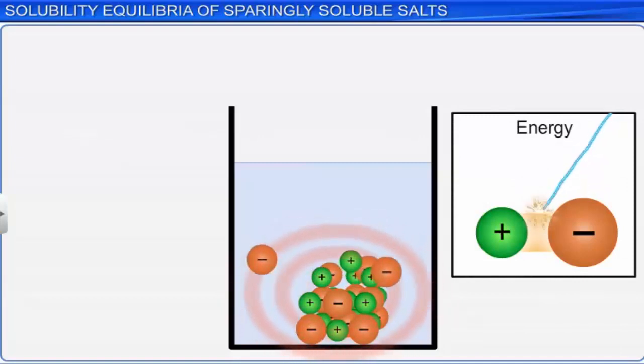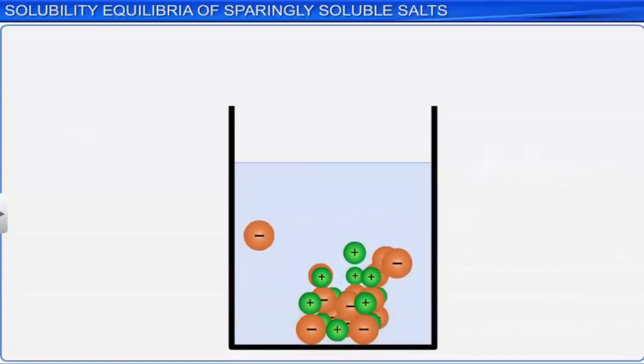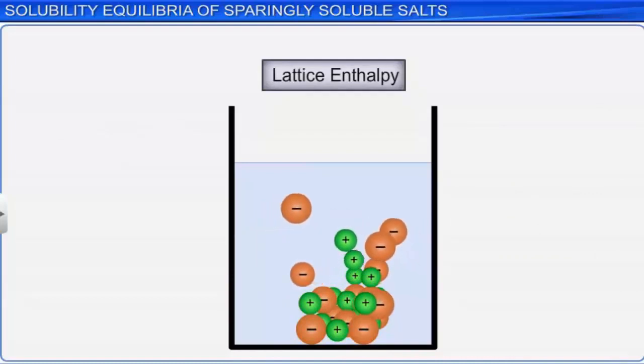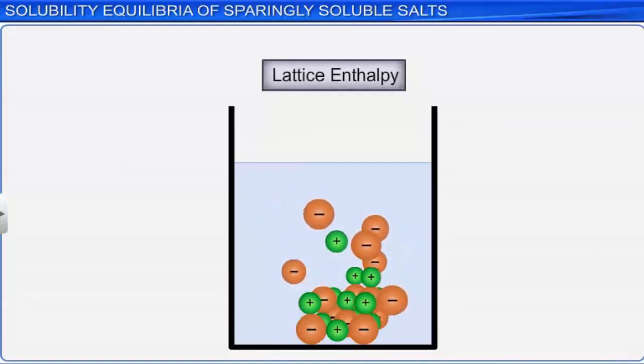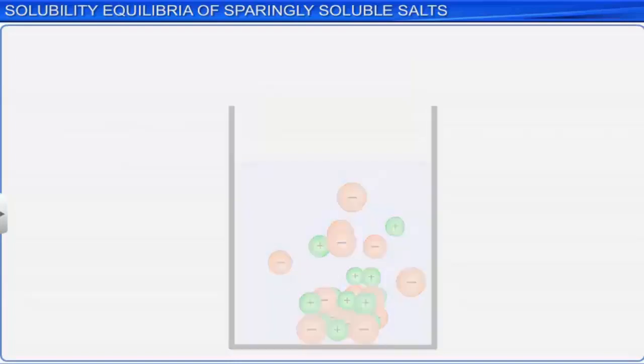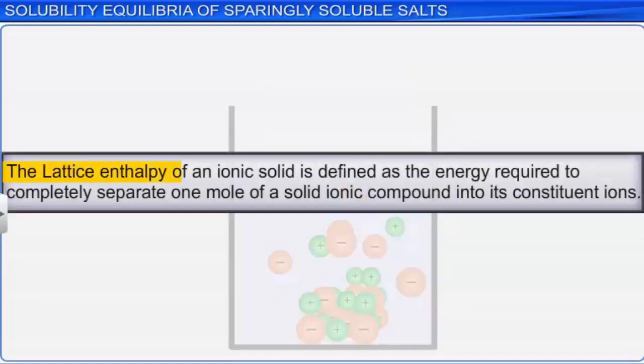This energy is called the lattice enthalpy. Let us once again recap the definition of lattice enthalpy that we have already learned. The lattice enthalpy of an ionic solid is defined as the energy required to completely separate 1 mole of a solid ionic compound into its constituent ions.